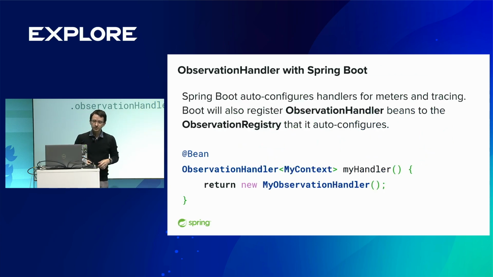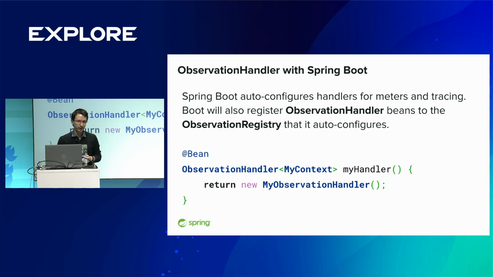So Spring Boot is auto-configuring handlers for you. Micrometer will give you a default meter handler, which will create your metrics, and a default tracing handler, which will basically create your spans for you. So you will get instrumentation out of the box with the Observation API, and without touching that instrumentation, you can say, hey, I want metrics by just registering a handler for it.